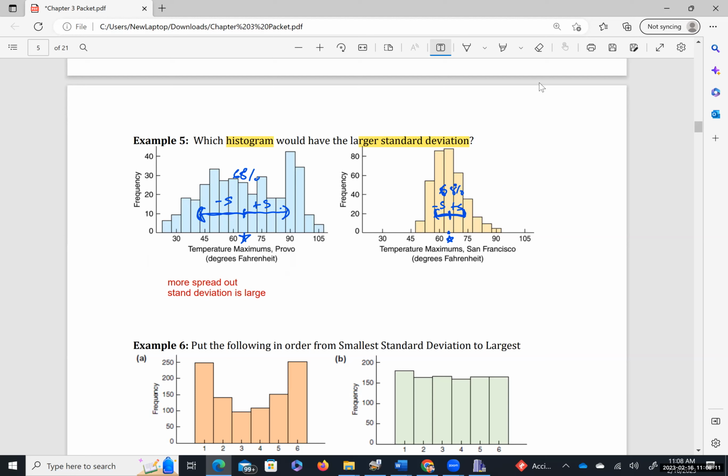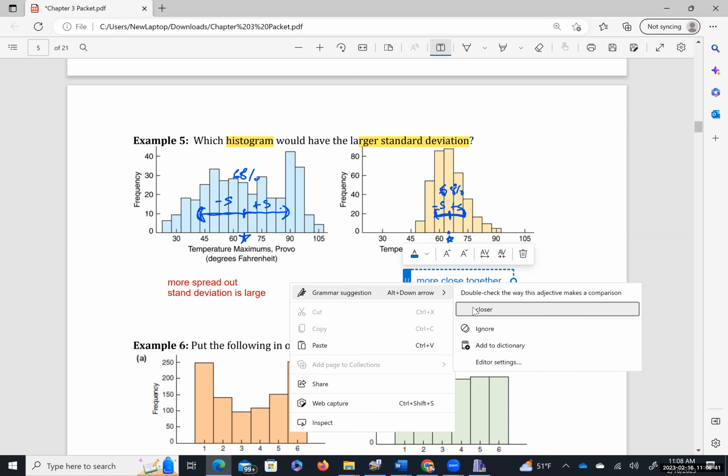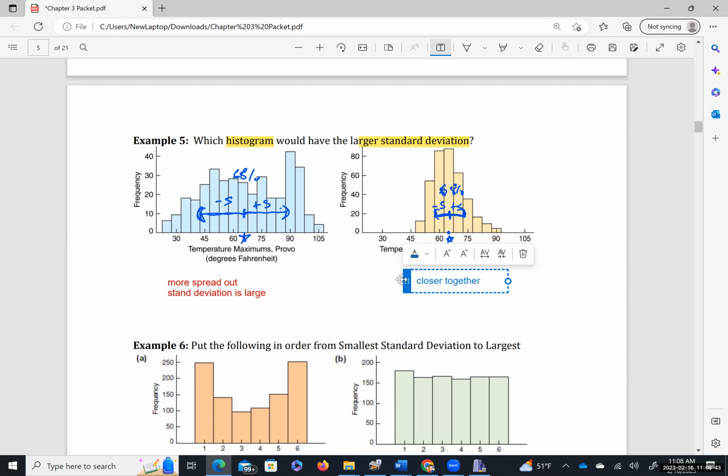For the second one, I'm gonna say more close together, right? They just get close together, so more closer together.